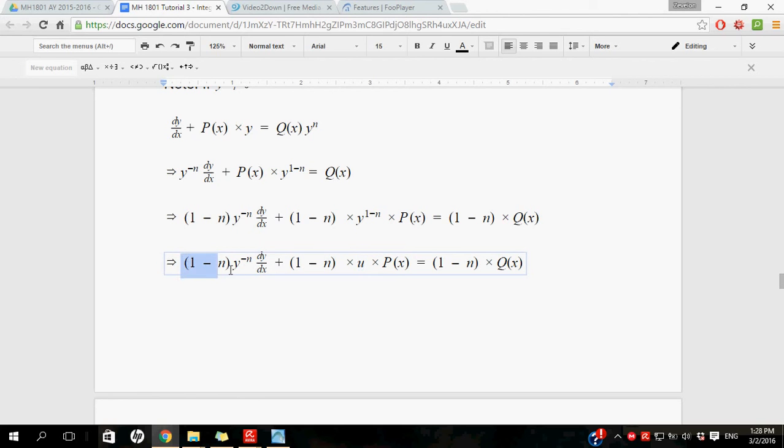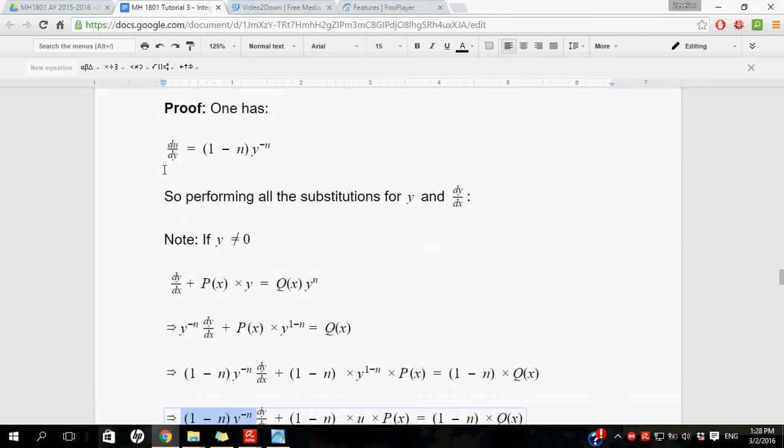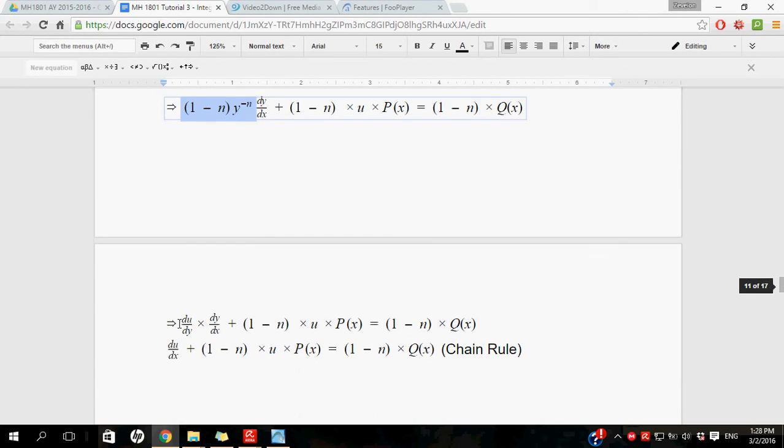What about this term over here, (1-n)y^(-n)? That is precisely du/dy, and we replace it with that. And that means that in the first term we have du/dy times dy/dx.